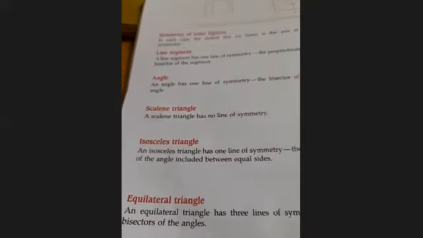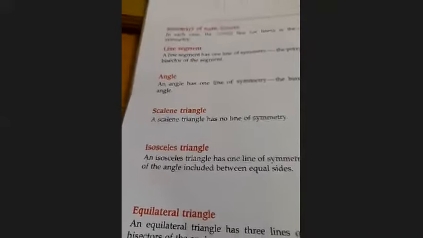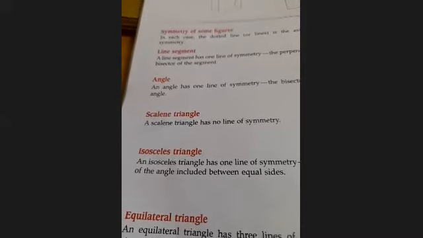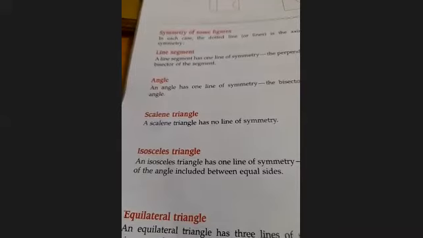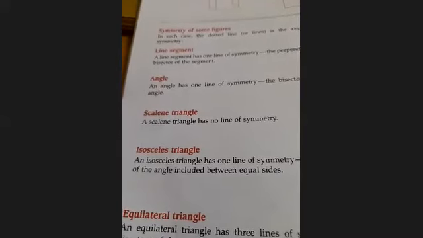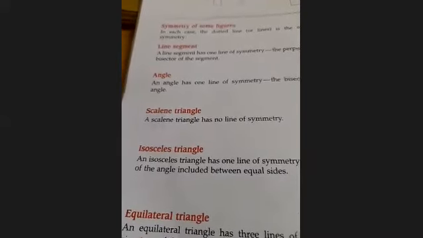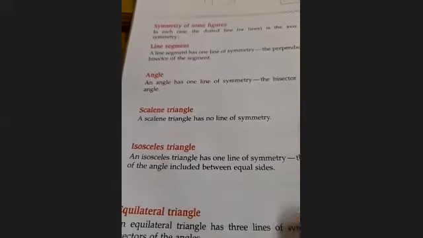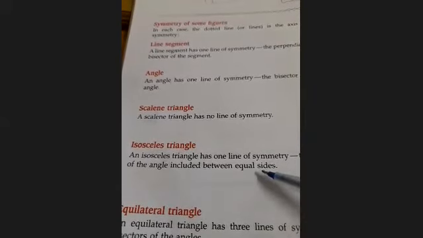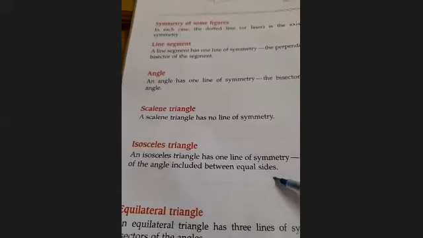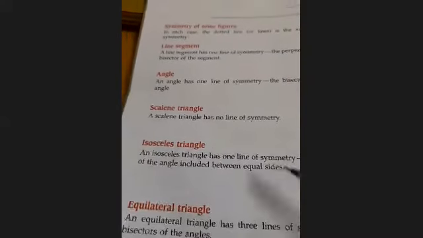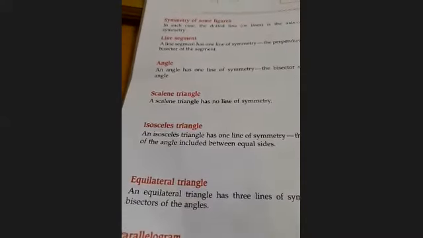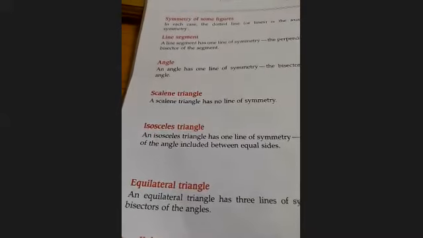So see once again, students, the lines of symmetry of a triangle. A scalene triangle has no line of symmetry, as all three sides are different in length. An isosceles triangle has one line of symmetry, and an equilateral triangle has three lines of symmetry.